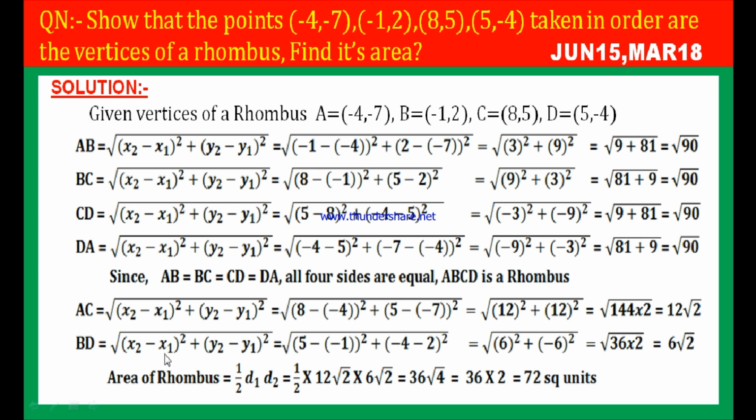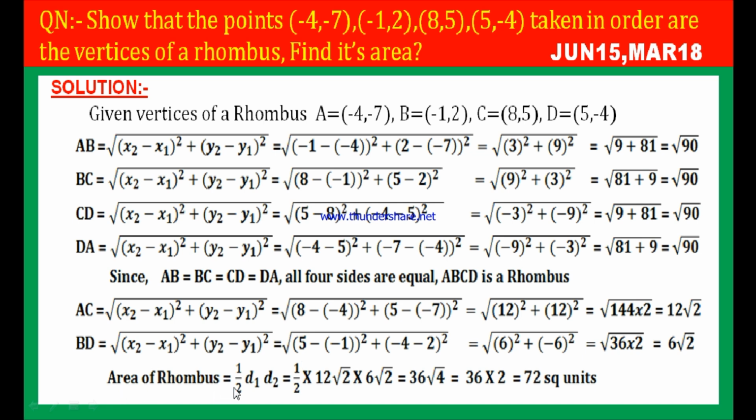Then the distance between BD is root over x2 minus x1 whole square plus y2 minus y1 whole square, equal to root over (5 minus of minus 1) whole square plus (minus 4 minus 2) whole square. 5 minus of minus 1 is plus 1, 5 plus 1 is 6 whole square, minus 4 minus 2 is minus 6 whole square. 6 whole square is 36, minus 6 whole square is also plus 36. 36 plus 36 is 2 times 36, root over 36 is 6 root 2 units. Now we got the length of the first diagonal 12 root 2 units and the length of the second diagonal 6 root 2 units.